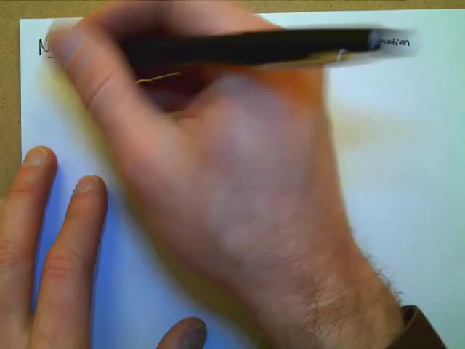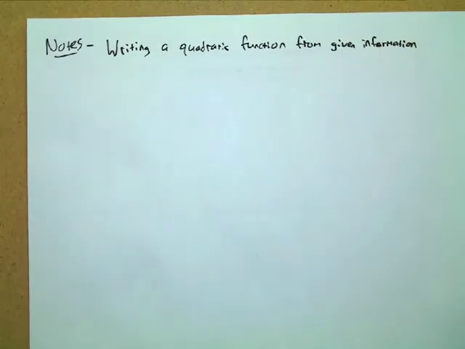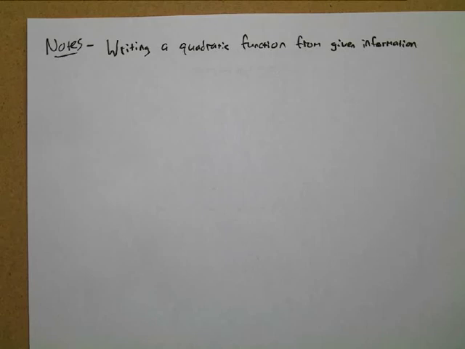But anyway, our goal today is to write a quadratic function just from some given information, right? Just to have a couple pieces of information and then come up with a function that matches that.